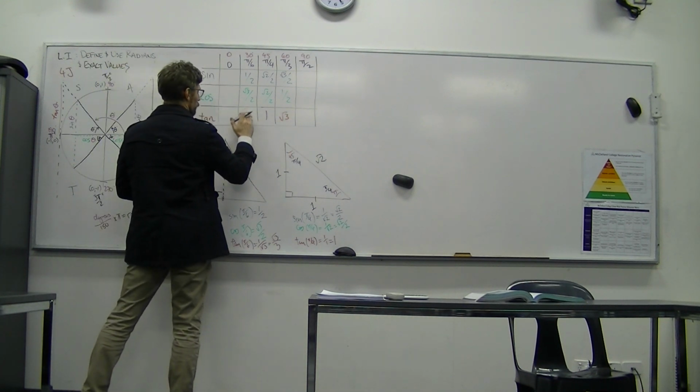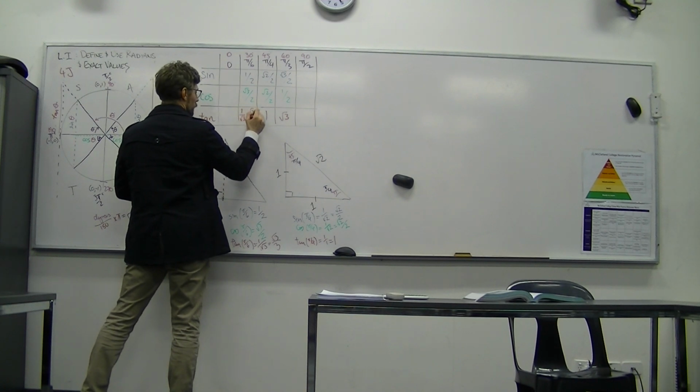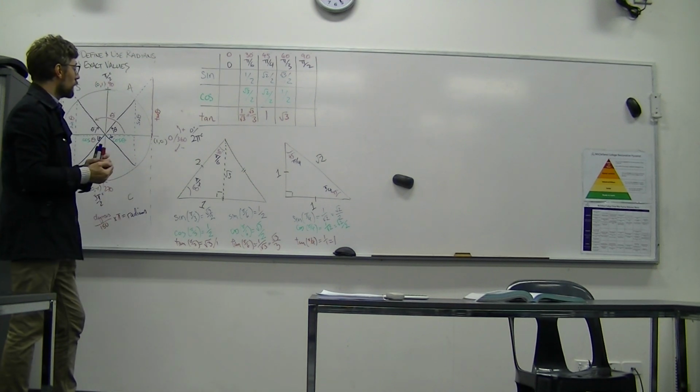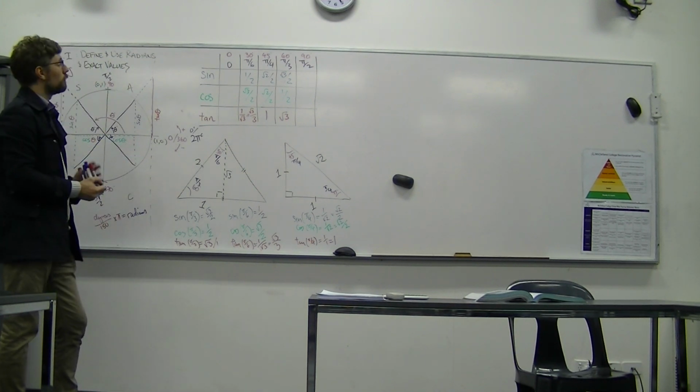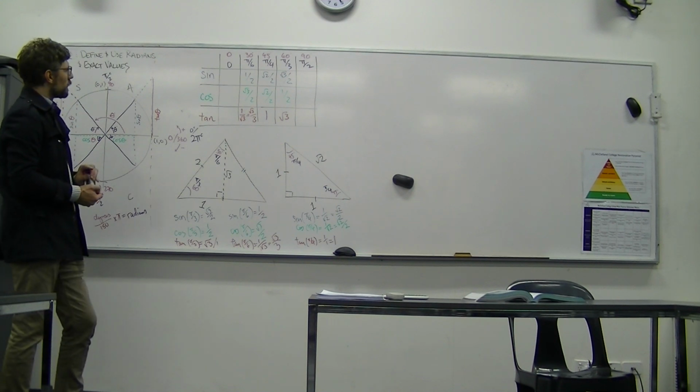In fact, I'll write this both ways, just so we can make an observation later. Beautiful. So we filled in a fair chunk of the table. Fantastic. Isn't that pretty?